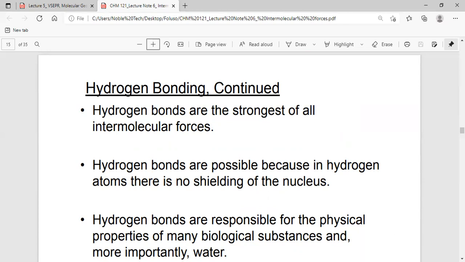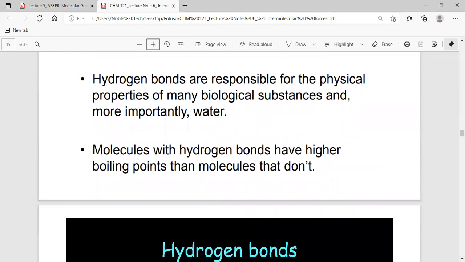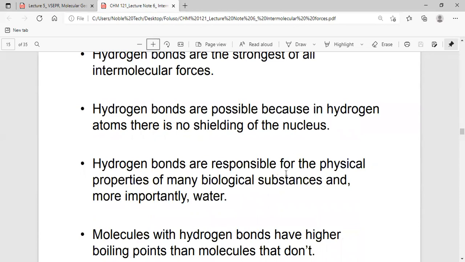Then hydrogen bond is responsible for so many fantastic things. For instance, hydrogen bond is responsible for biological activities where we have protein and carbohydrates in the biological system.